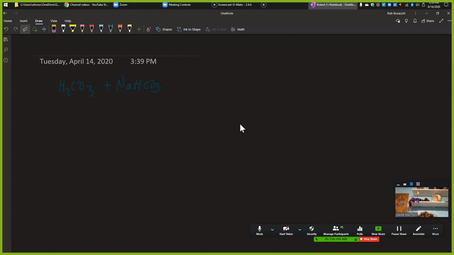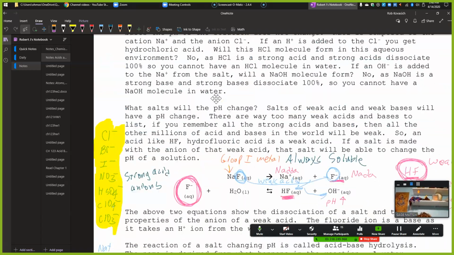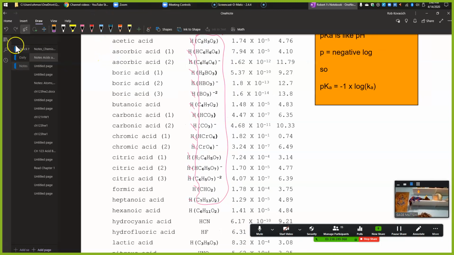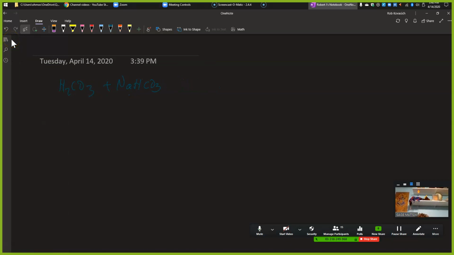All right. So if I go back over here, look at this, scroll back up to carbonic acid. So carbonic acid buffers at a pH of 6.35. Its pKa is 6.35. Okay, so let's go back. So it's got a pKa of 6.35.